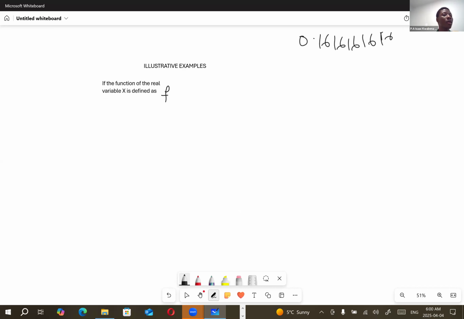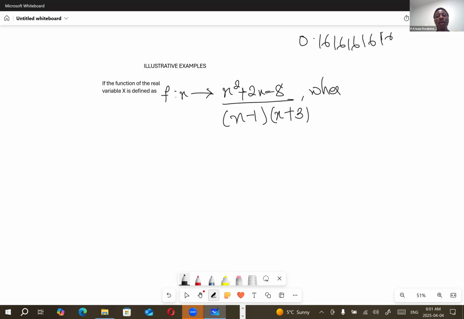f of x maps to x squared plus 2x, sorry, minus 8, over x minus 1 times x plus 3, where x is real.